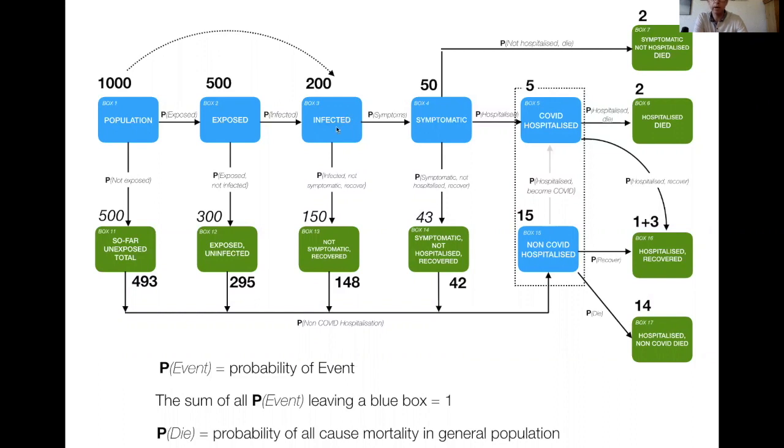So let's be quite clear on my diagram which probability that's talking about. That is actually the arrow that connects box 3 and box 13. So the probability of being infected but not symptomatic was 0.8. So 0.8 is the ratio that gets us from box 3 to box 13, which means, if you remember, because there's only 2 boxes coming out of box 3, that the sum of this probability I'm circling with the cursor here and this one here has to be 1.